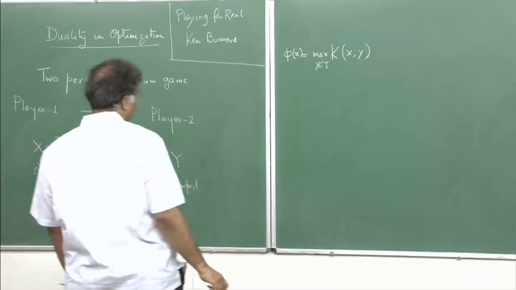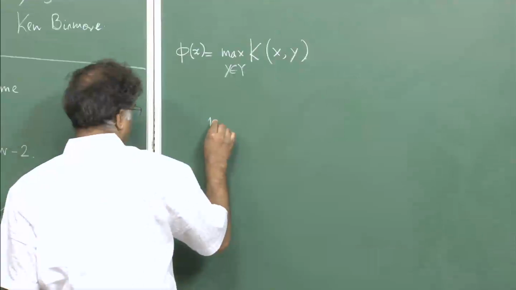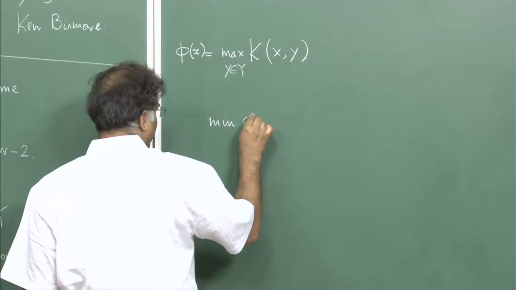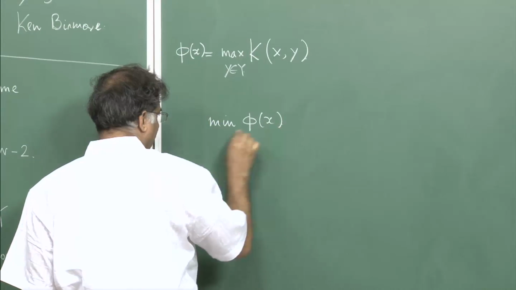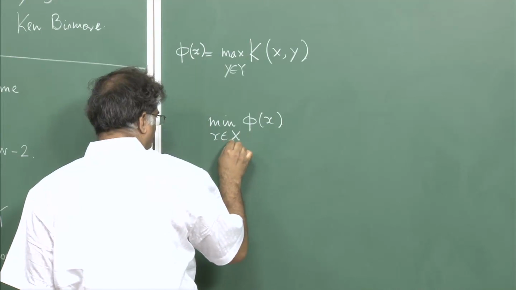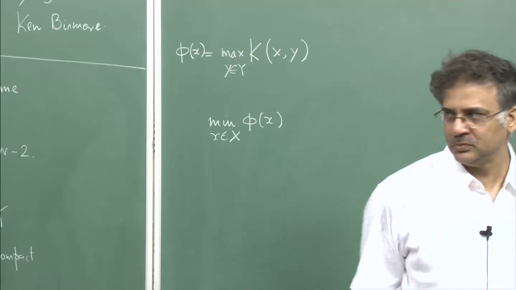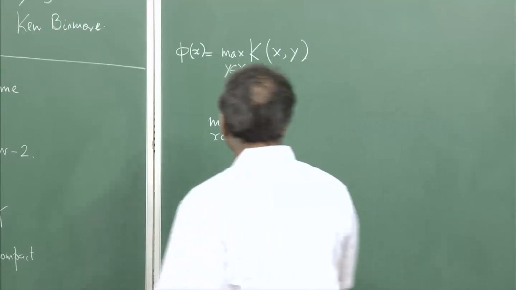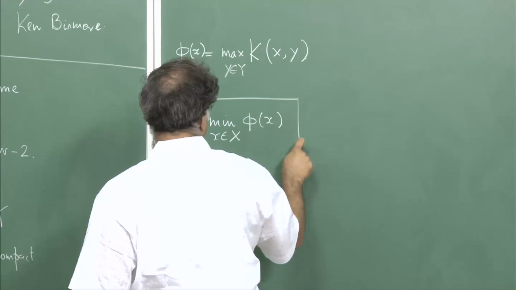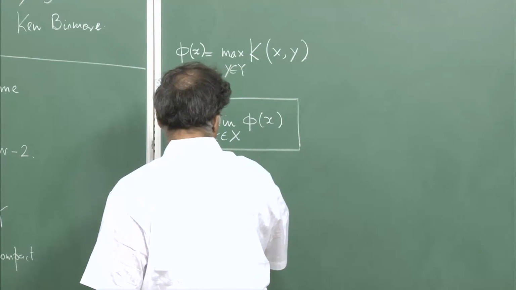Anyone who tries to minimize this maximum loss, if I am player 1, his natural idea would be to play an x for which this is minimum. So, this is your minimization problem. Player 1 is actually solving a minimization problem.